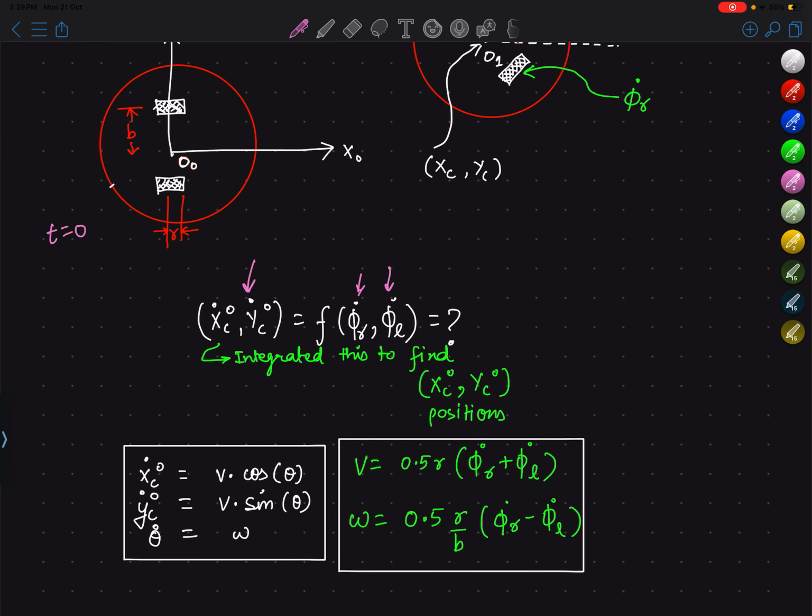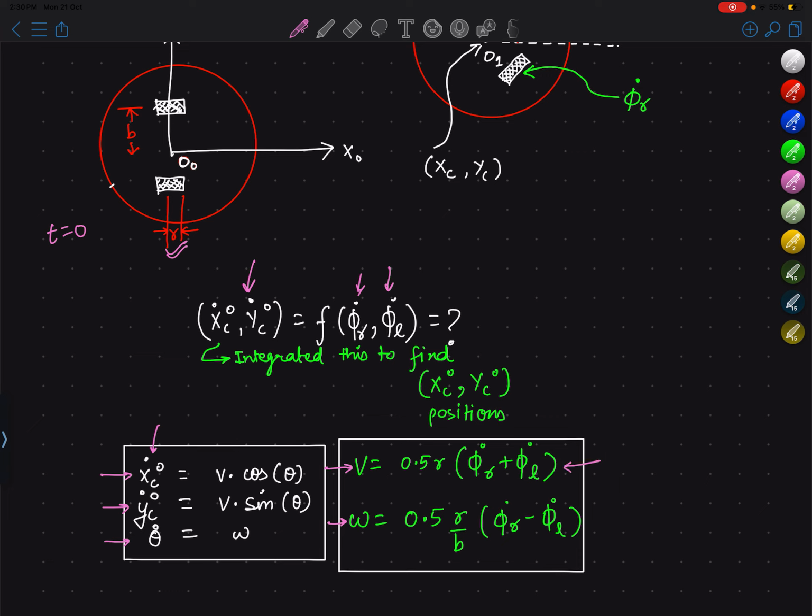The velocities were given by xc naught dot, yc naught dot, and theta dot, where theta dot is the angular velocity, given by v cos theta, v sin theta, and omega. Here v, in terms of wheel angular velocity, is given as 0.5 r, where r is the radius of the wheel, times phi r dot plus phi l dot.